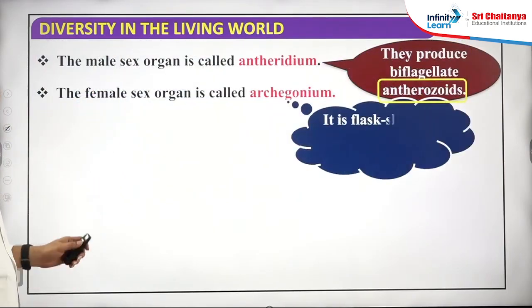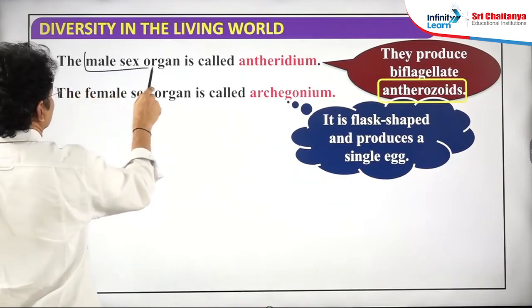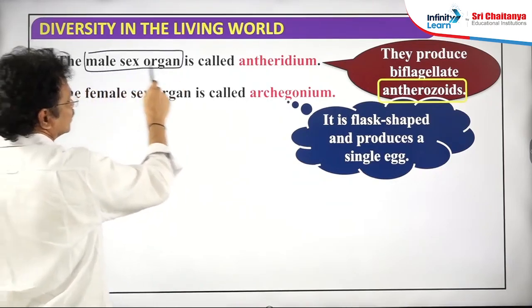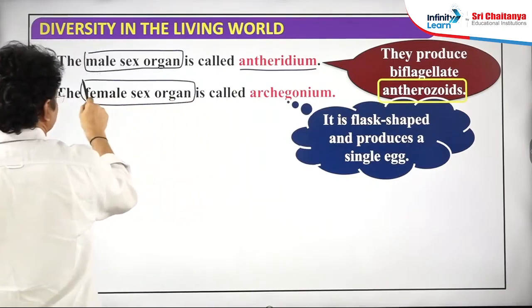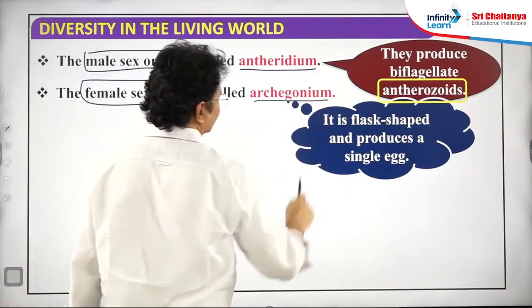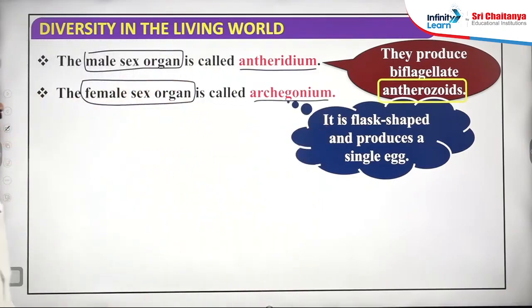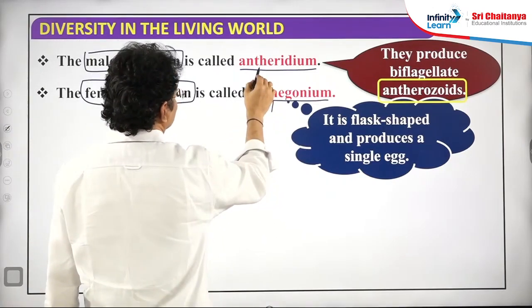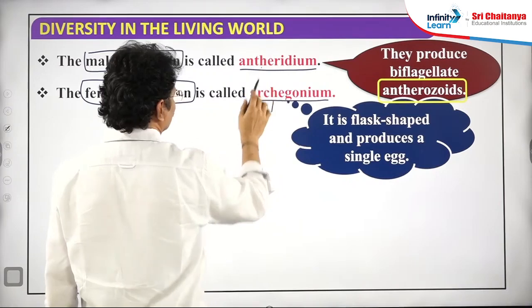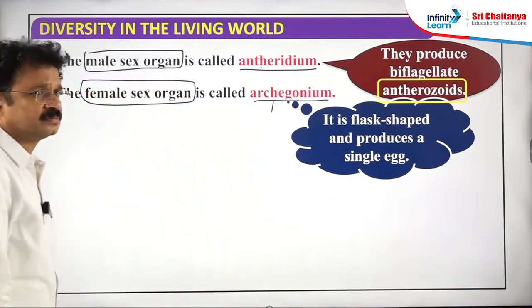Another important thing: the male sex organ in bryophytes is the antheridium. The female sex organ, or female gametangium, is the archegonium. Archegonium: archae, female. Antheridium: andro, male.